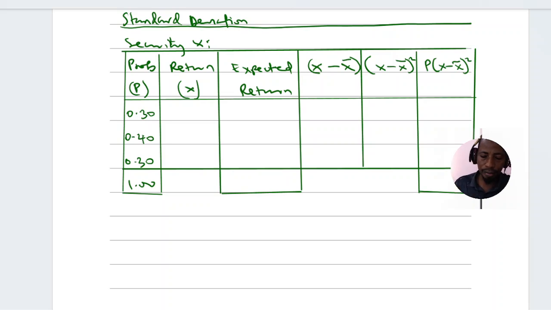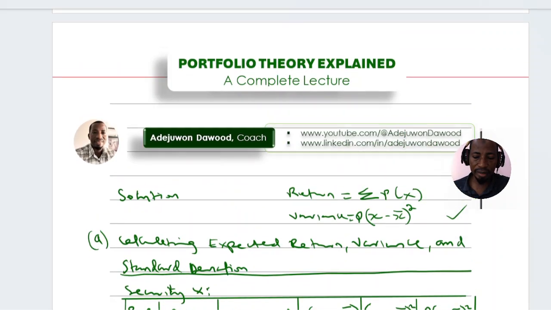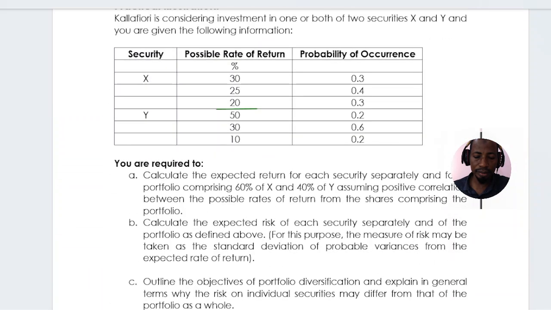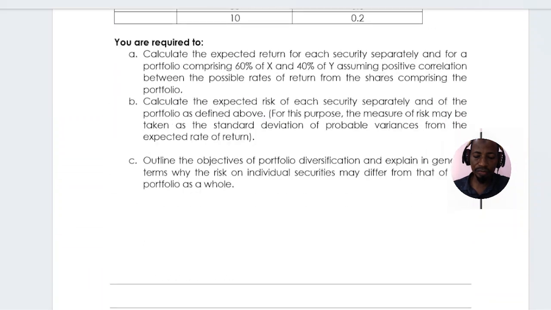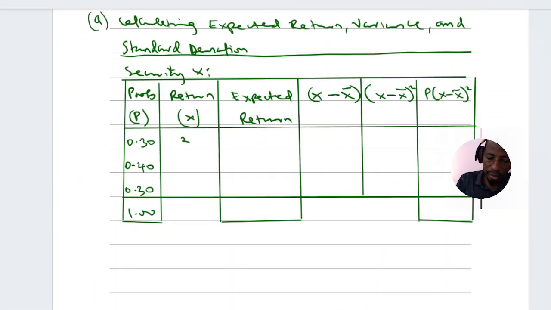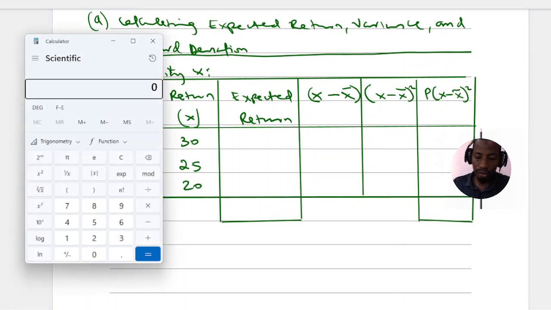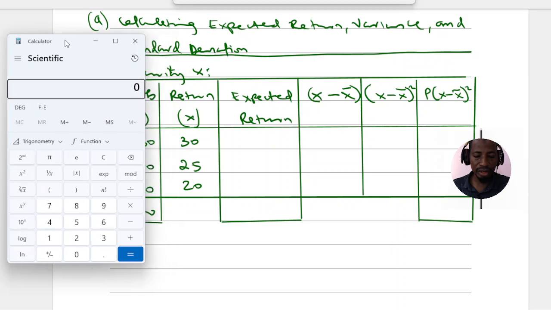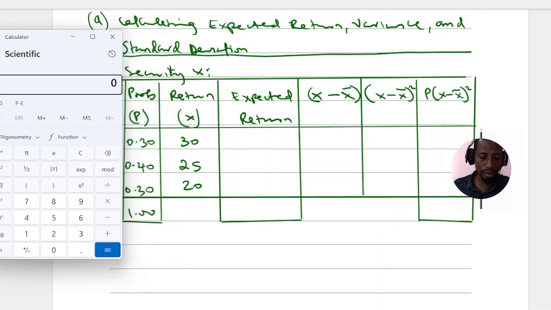Now, the return of security X is 30, 25, 20. Therefore, to get the expected return, you are supposed to multiply the probability with the return.